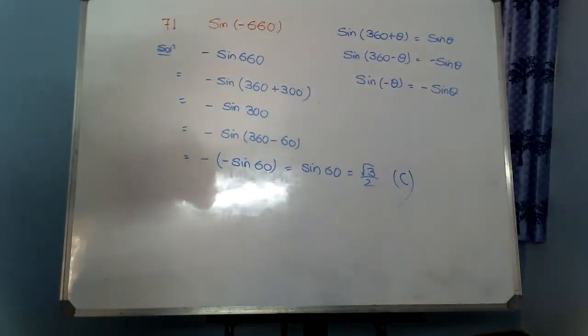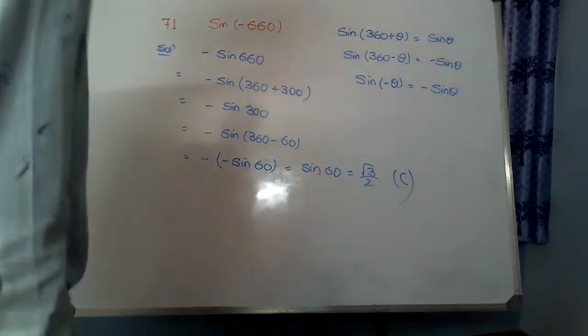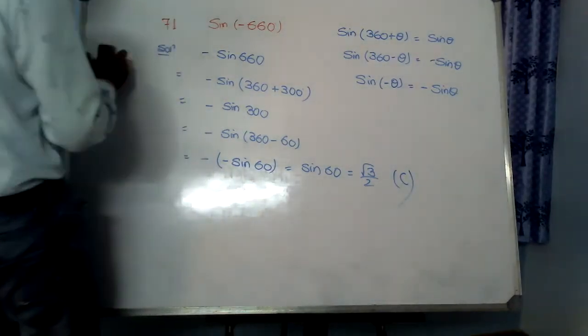Done? Okay. Now the same question is coming with tan minus 750 degree, and okay, this is actually more easier, I feel. I'll tell you why. Okay, I'll erase this one.